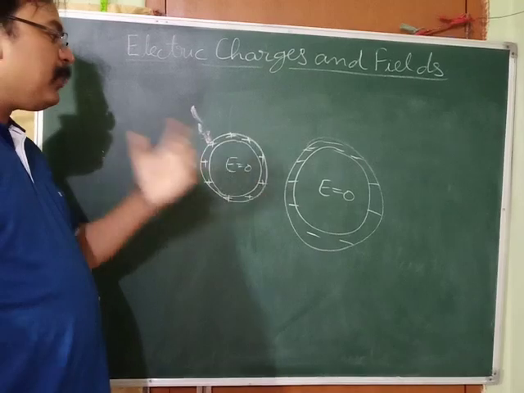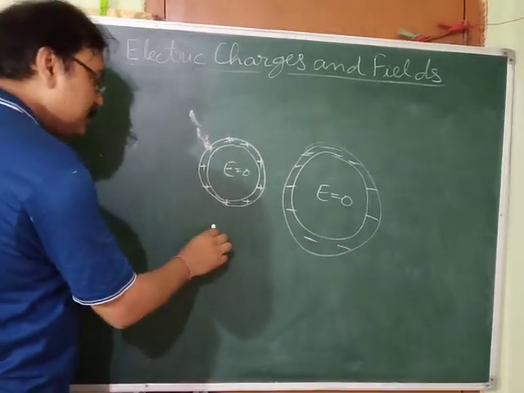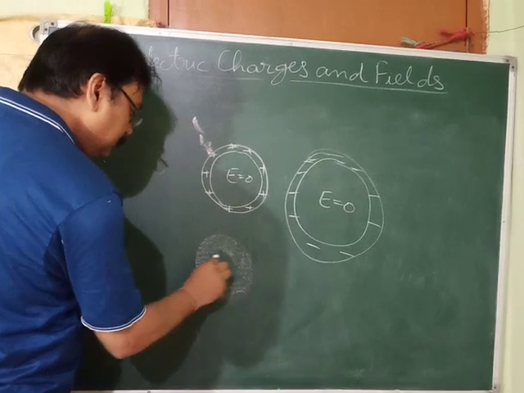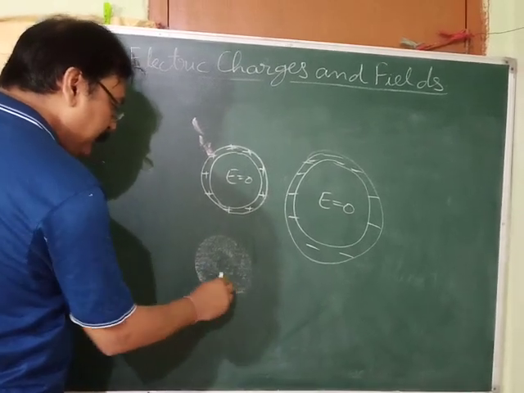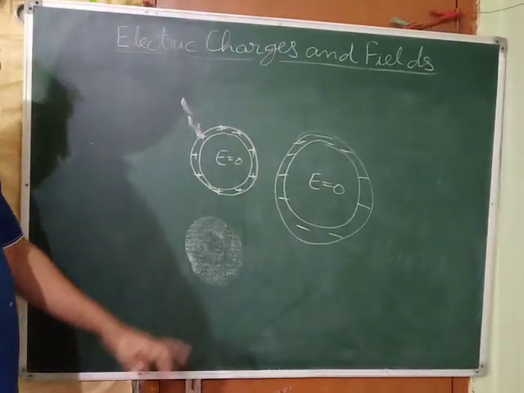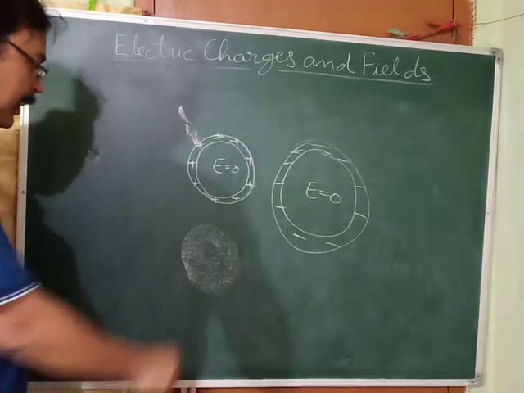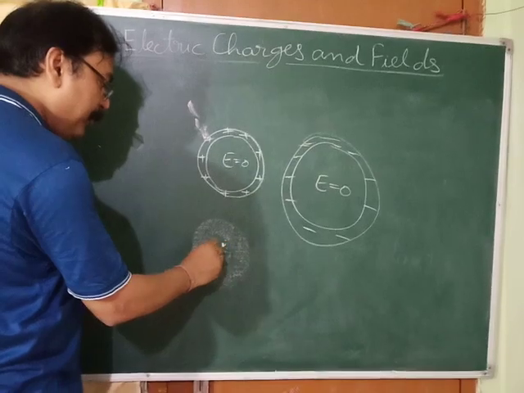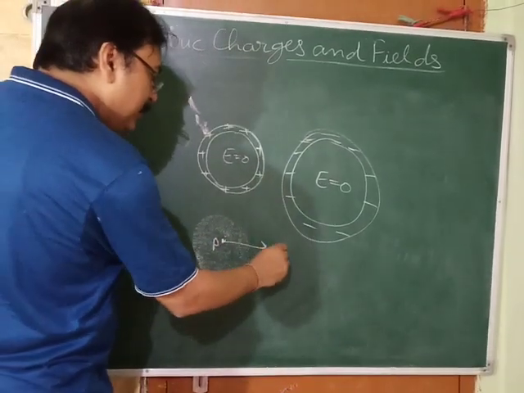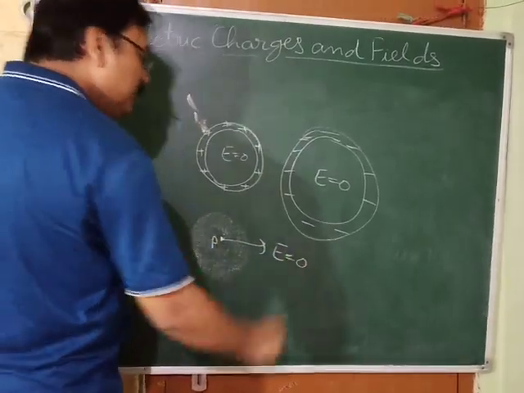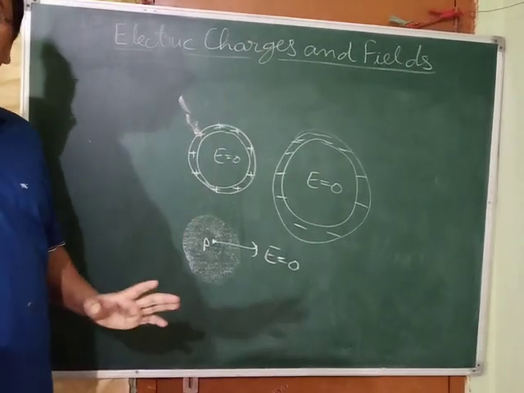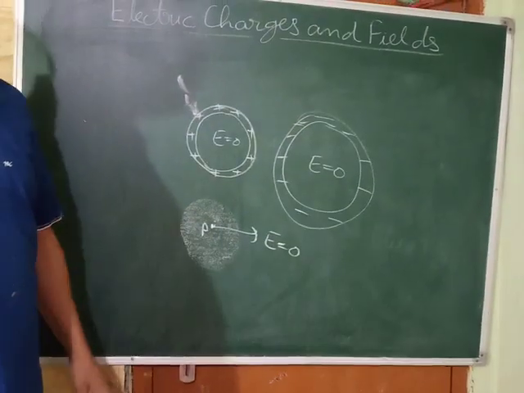Not only this, suppose you have got a solid metallic body. Then inside this body, anywhere inside, if you take any point, suppose this is point P, at this point you will find that electric field is 0. So that means in a conductor, electric field is always 0.